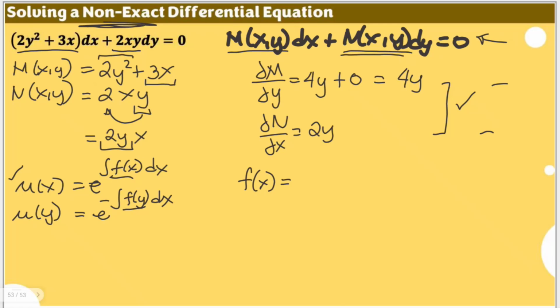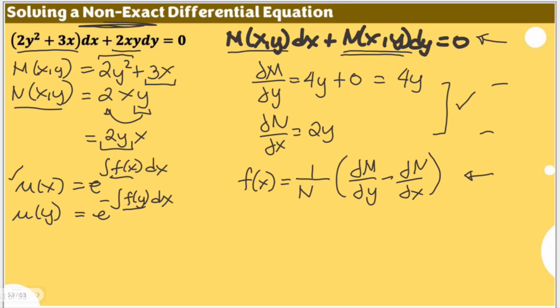This is denoted by 1 over N, our function N, which is given already here, times the difference of your two partial derivatives. If this results in a function that contains only the variable x, then we will be using that f of x, in this case for mu of x as well.